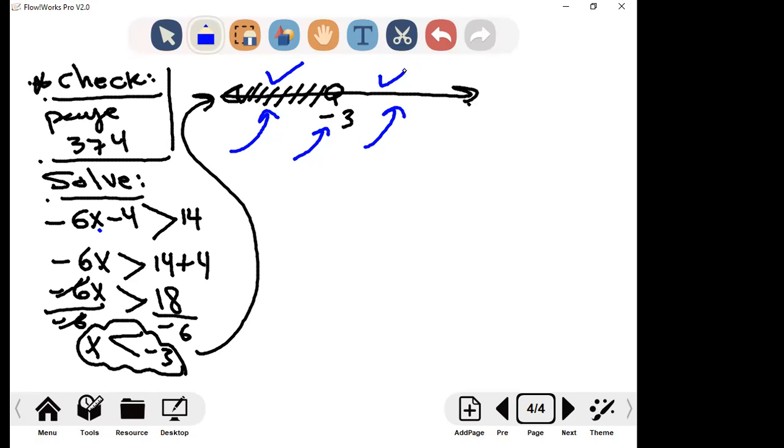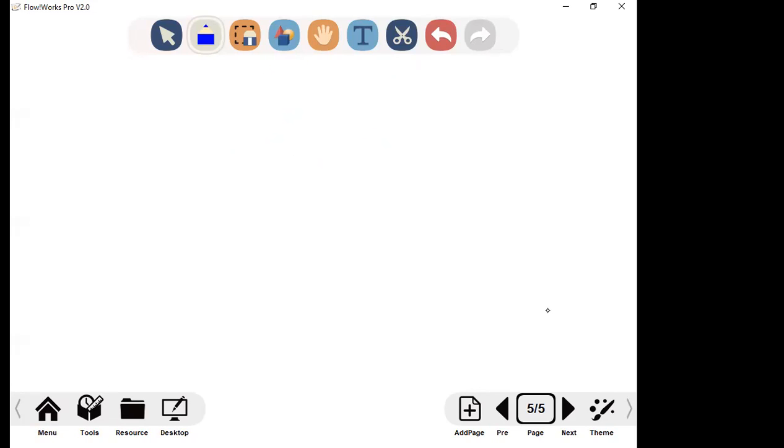Stop talking, please. Now, let's go to example 2 together. This is the check. Done writing. Right. Let's go to example 2 together.